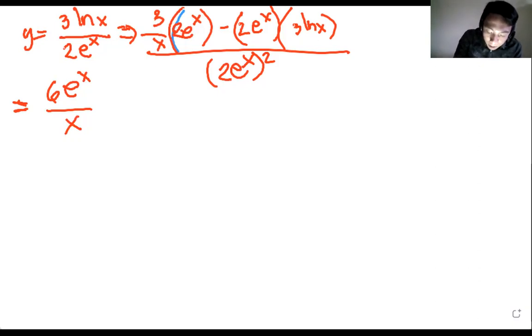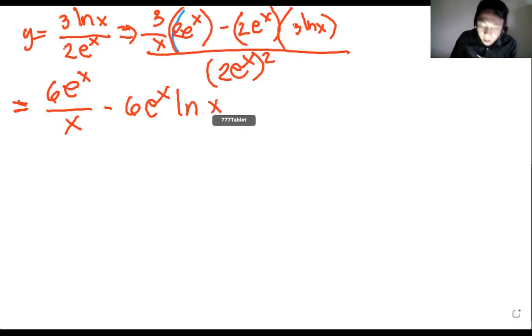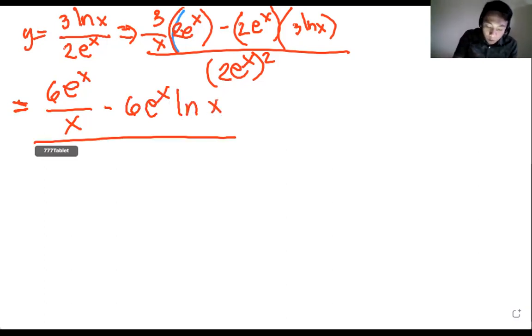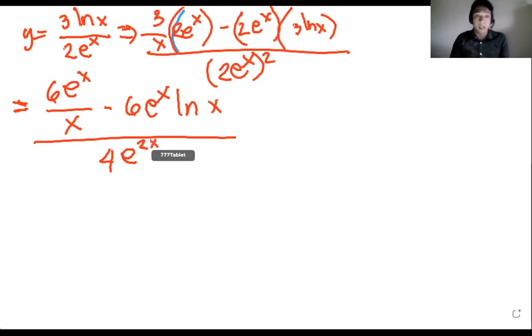And then minus the product of 2e raised to x and 3 ln x. So 2 times 3, we have 6. Right? 6e raised to x ln x all over, what is 2 squared? 4. And then e raised to x squared is e raised to 2x.